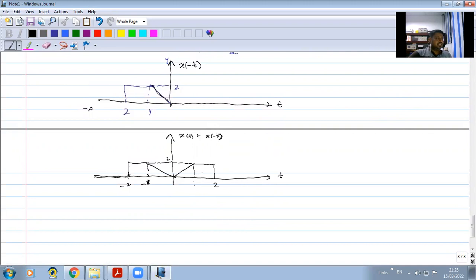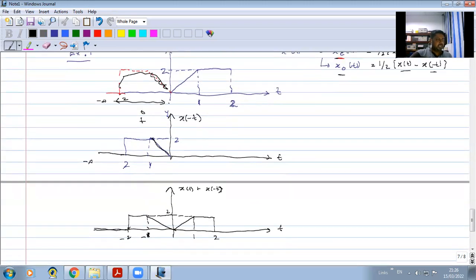So this is x(t) plus x(-t). In the part where it is 0, 0 plus this part gives you the same part, exactly this term.